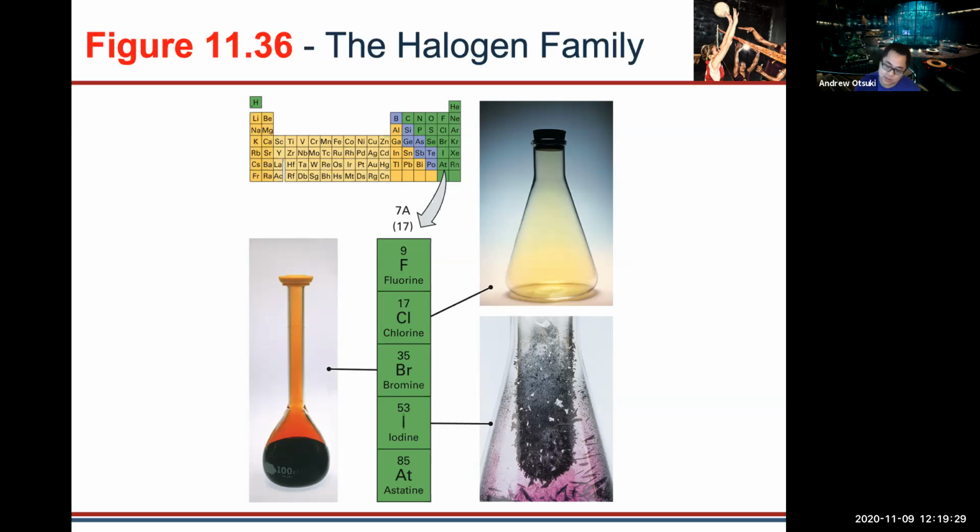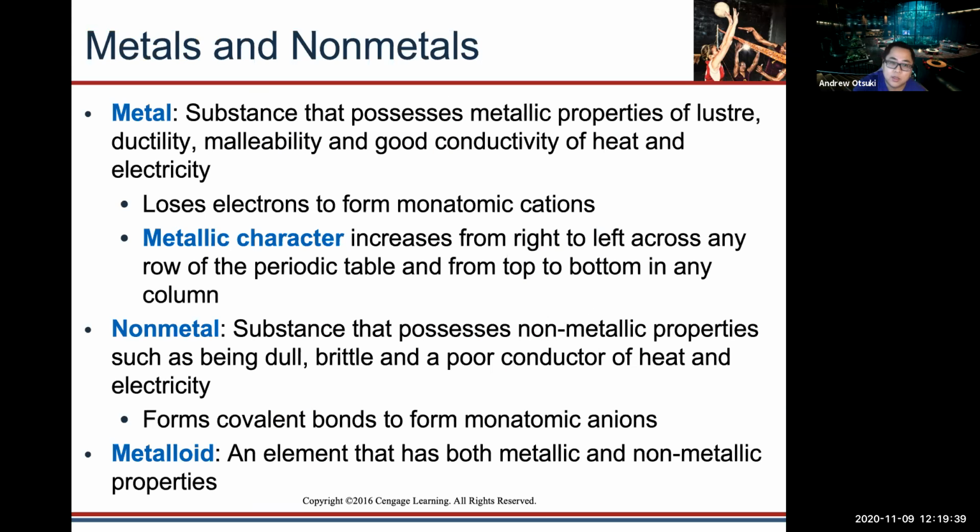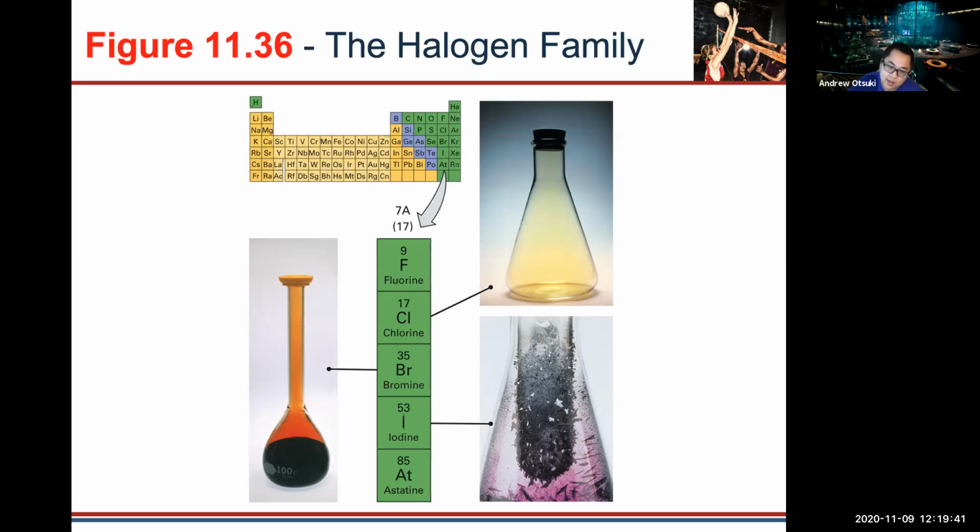Just a PSA: if you ever work with bromine, please be careful. It's awful to work with too, because it's a liquid, and liquids are kind of hard to measure out. You prefer to work with solids. Gases are another story, but usually we try not to work with gases. Okay, so that's the halogen family.